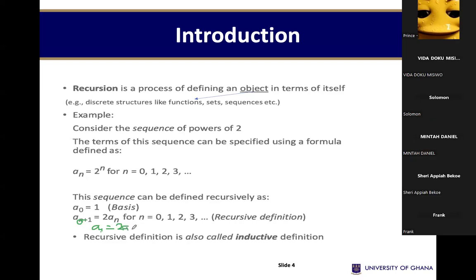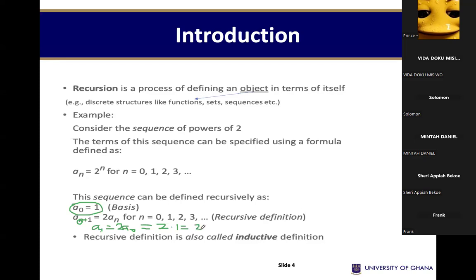Now watch this. I already know that A0 is 1, so that gives me 2 times A0, which is 2 times 1, the same as 2. If you check well, when I had 2 to the power n, my first value was 2 to the power 0, which gave me 1.